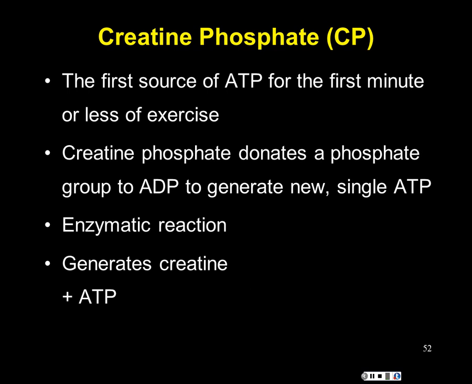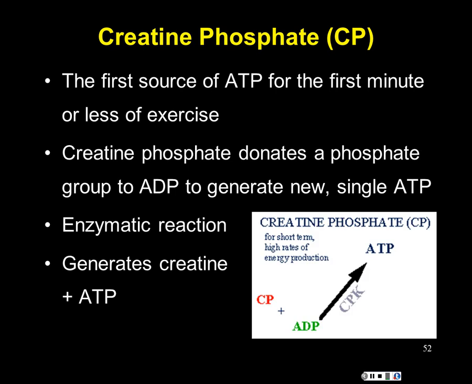So it's an enzymatic transfer of phosphate over from creatine phosphate to ADP. The end result, creatine phosphate gives its phosphate over to ADP to make ATP. Creatine phosphate lost its phosphate, now I just call it creatine. It's just a direct transfer. The enzyme that does it is illustrated in your notes, CPK. Somebody want to take a stab at what that means?